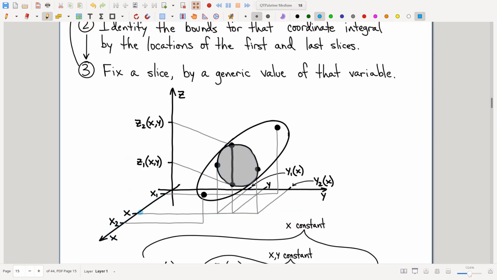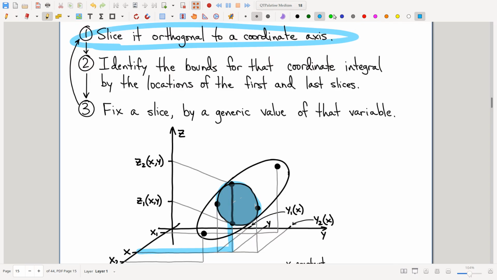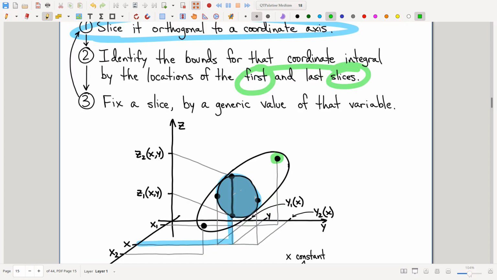Next, we have to ask what's the range of values of x. So looking at these slices, I ask where is my first slice? Okay, my first slice of this sort. Now, geometric appeal, you've got to see it from the picture. Thinking about these slices perpendicular to the x-axis, the very first one is whatever is the backmost point on this lump of a solid. And that is going to determine our starting value of x.